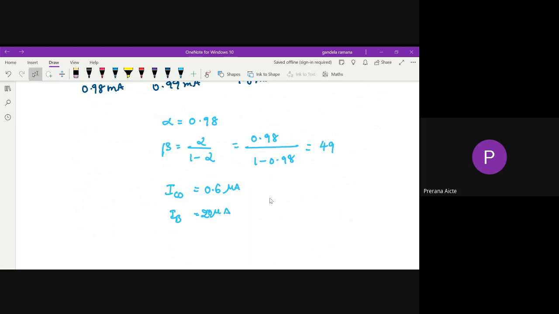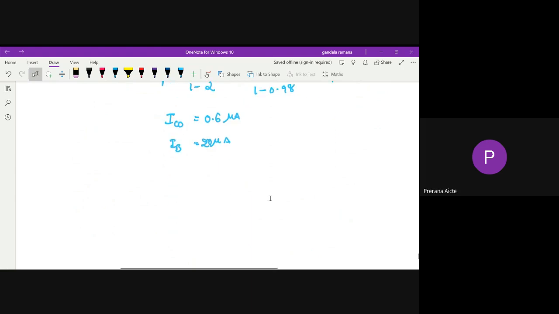So according to the formula, IC is equal to beta IB plus (1 plus beta) into IC naught. So we have to calculate that. What is the beta value?